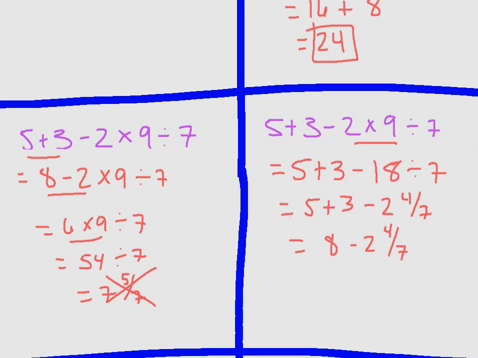Not quite. So remember, these are attached to each other. So I have 2 and I have 4/7, so there's like an addition sign there. So you have to think about this one as a 3.